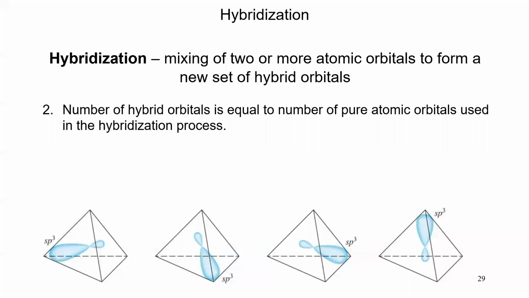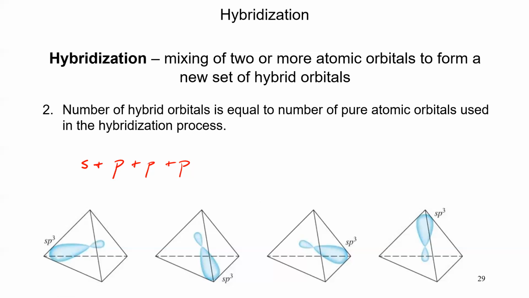Now we understand the reason why there are 4 equivalent bonds or bond positions, because instead of having 1 s orbital and 3 p orbitals, we now have 4 of these hybrid orbitals. Because we used an s and 3 p orbitals, I'm going to write them separately, just so you don't think it's 3p versus 2p or 4p.